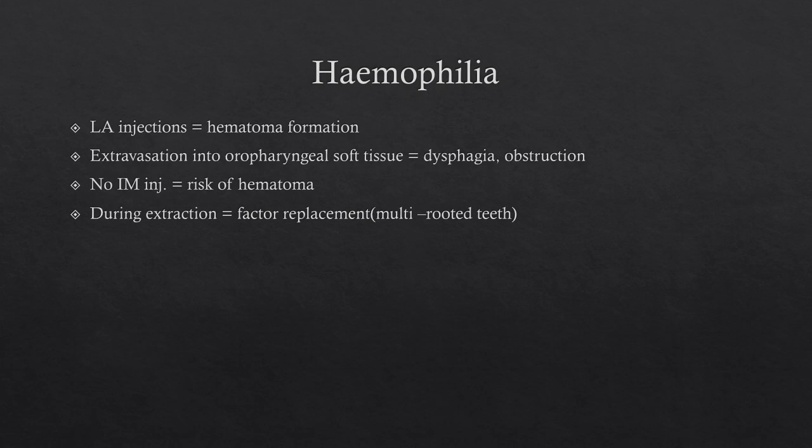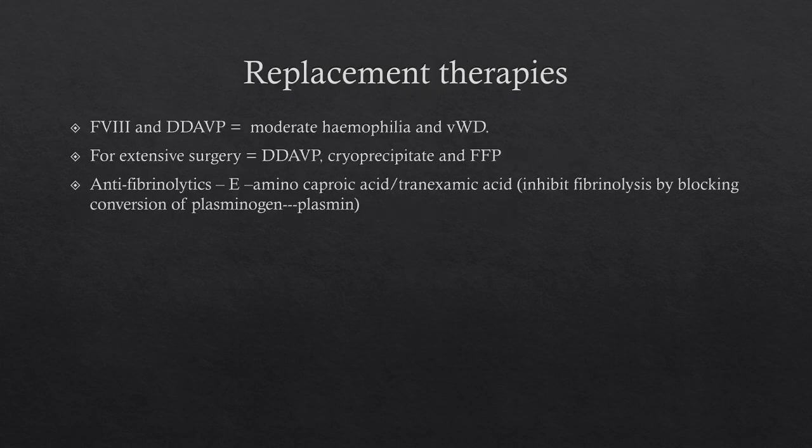During extraction, factor replacement is necessary. You replace whichever factor is deficient and then go on with the extraction. For replacement therapies, factor VIII and desmopressin are used for moderate hemophilia and von Willebrand disease. For extensive surgery, desmopressin, cryoprecipitate, and fresh frozen plasma are required.